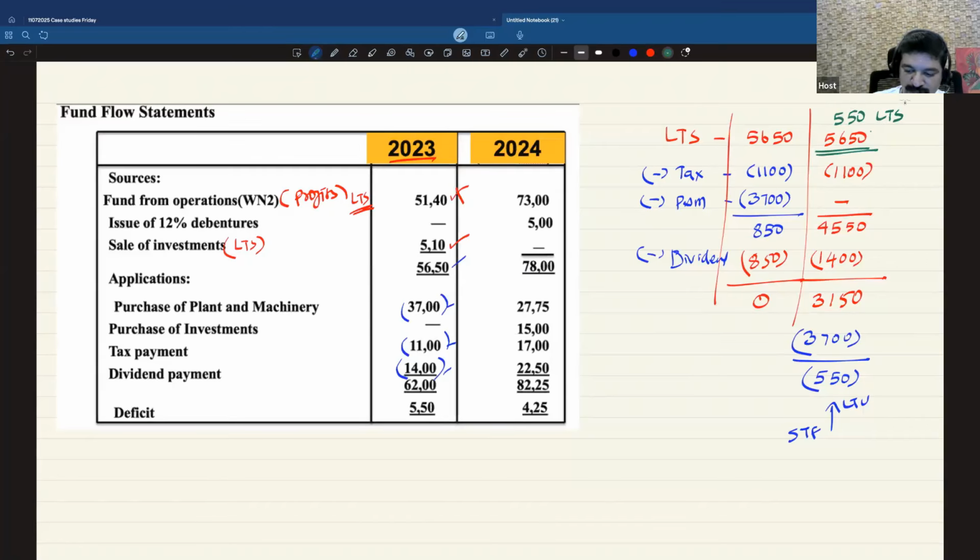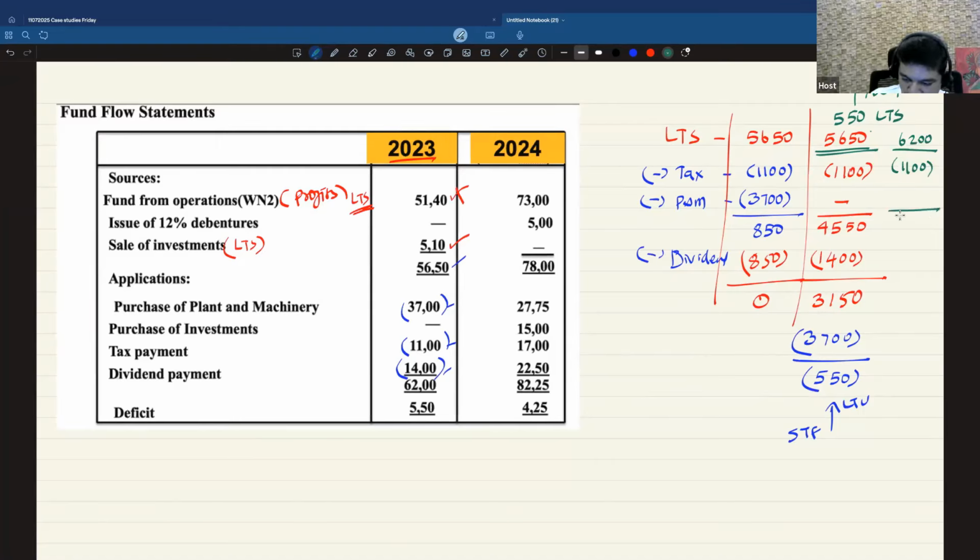They could have brought this 550 either from debt, maybe a term loan, or the owners could have infused equity. If that had happened, the total long-term source would have been 550 plus 5,650. The total long-term source would have been 6,200. From that, 1,100 is paid for taxes.